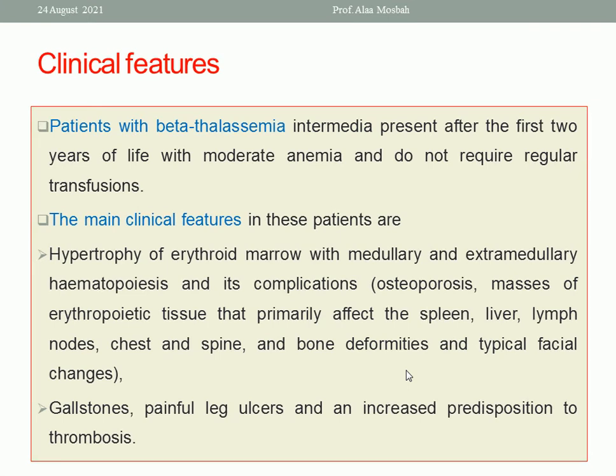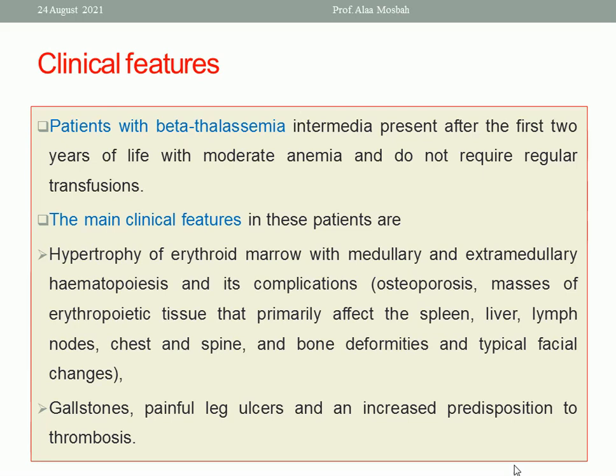Let us go to the clinical features of thalassemia. Patients with beta thalassemia intermedia present after the first 2 years of life with moderate anemia and don't require regular transfusion. The main clinical features in these patients are hypertrophy of erythroid marrow with medullary and extramedullary hematopoiesis and its complications.